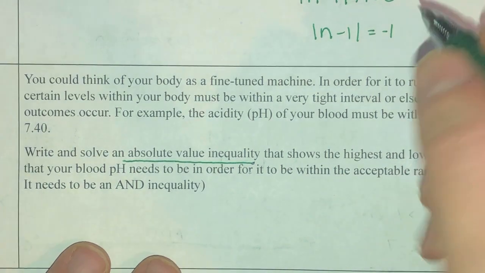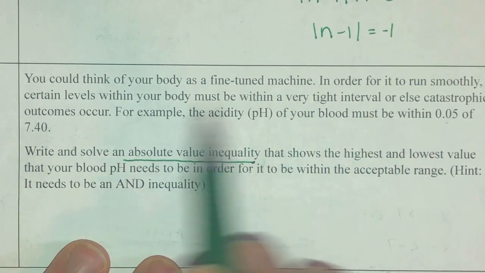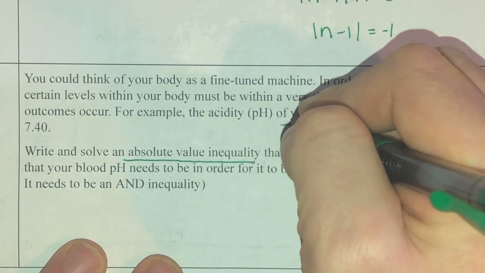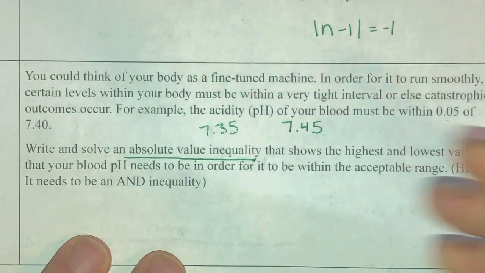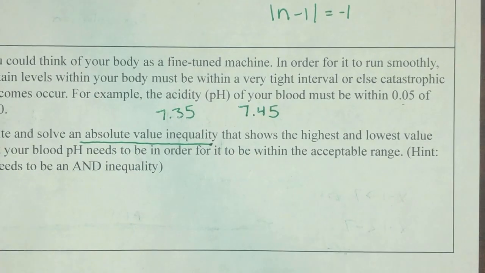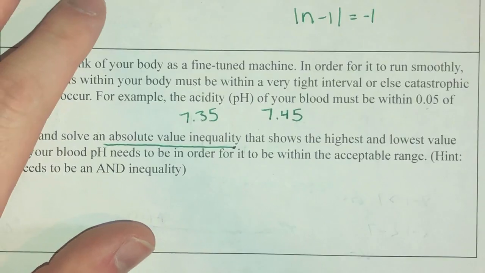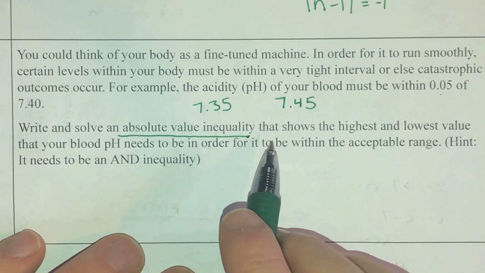Okay? What's the highest it could be? It's got to be within 0.05 of 7.40. So it could be a max of 7.45 above. Lowest, 7.35, that's below. So my answer has to be a range or an interval such that 7.35 is the lowest and 7.45 is the highest, okay?